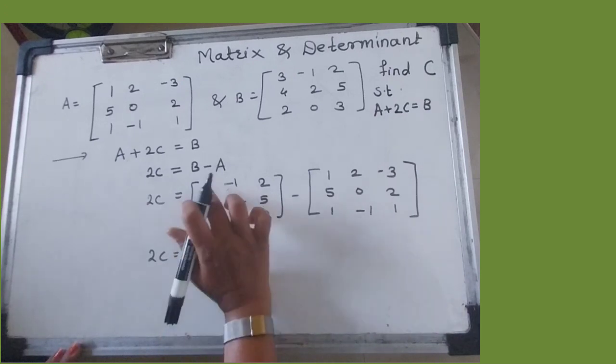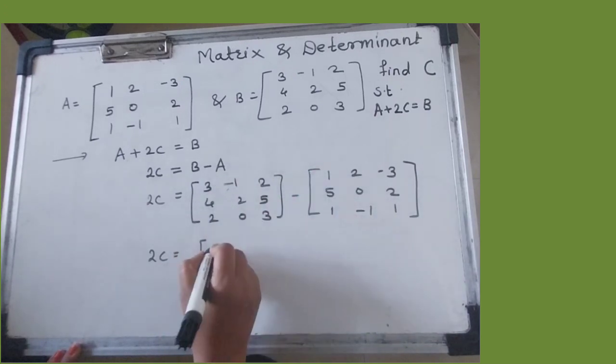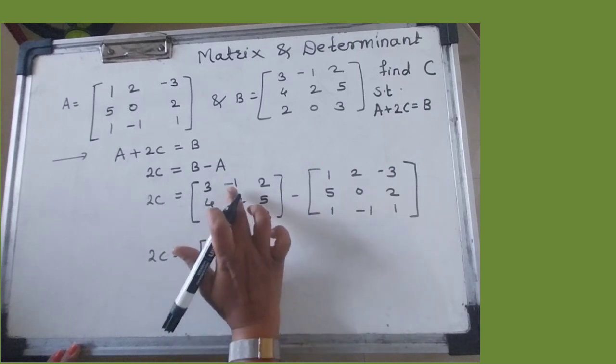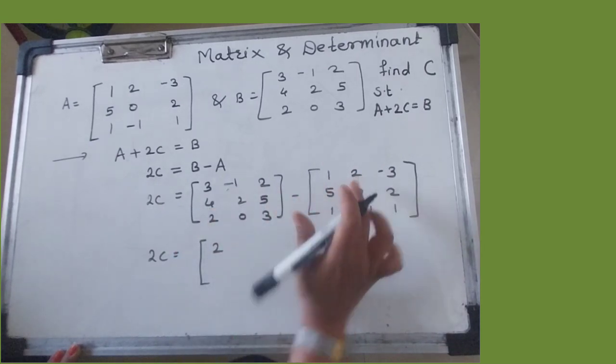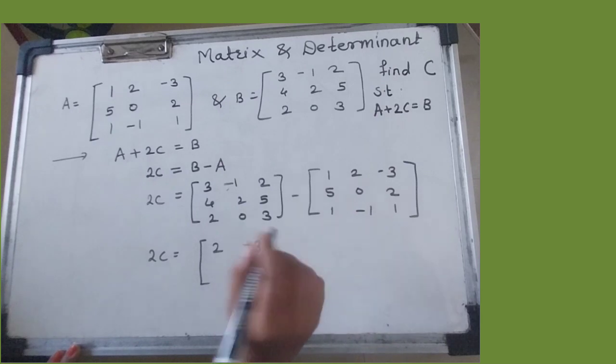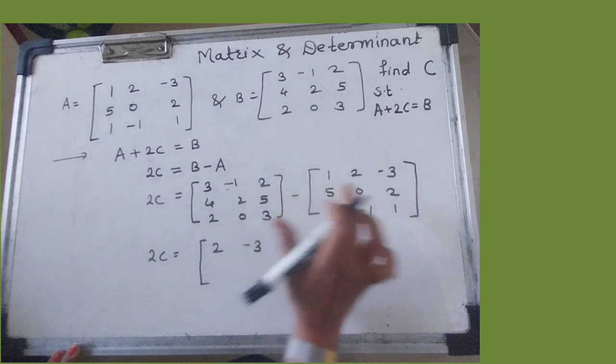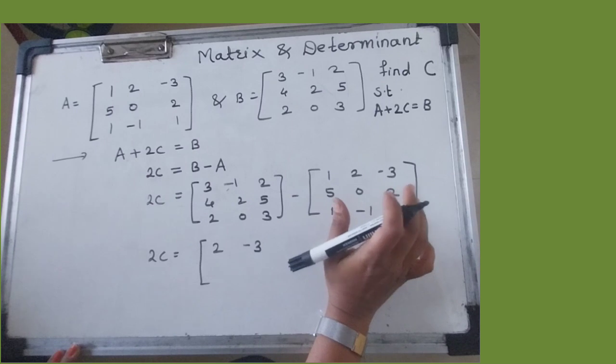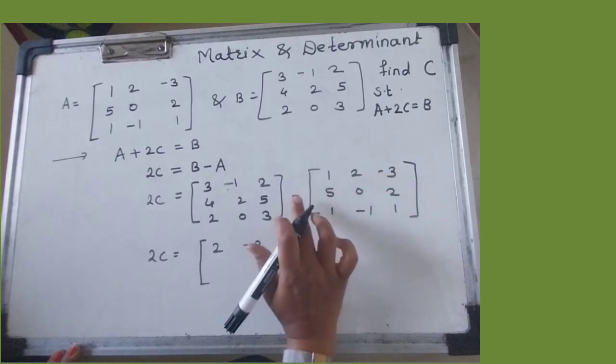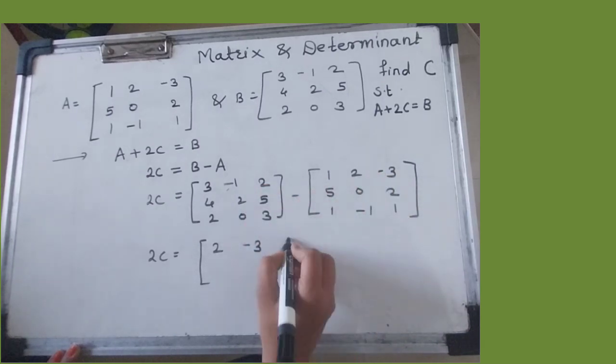So 2C equals, I directly write here: 3 minus 1, so it is 2. Minus 1 minus 2, so it is minus 3. 2 minus minus 3, so minus becomes plus, 2 plus 3 is 5.